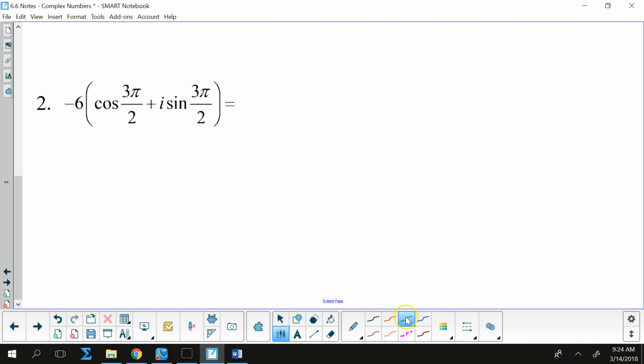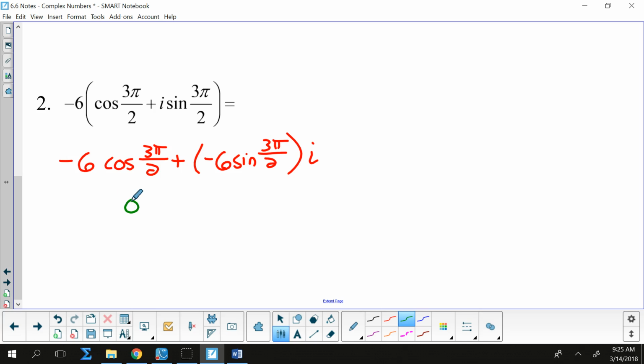Alright, so if I distribute this in, that becomes -6 times the cosine at 3 pi over 2 plus -6 times the sine at 3 pi over 2 times i. Cosine at 3 pi over 2 is 0.